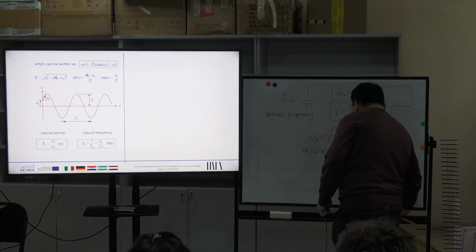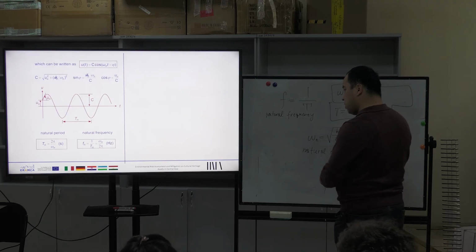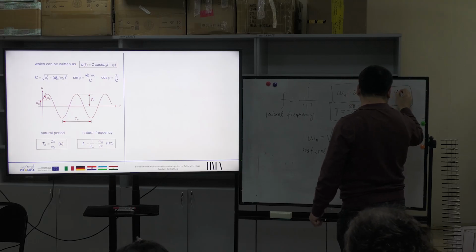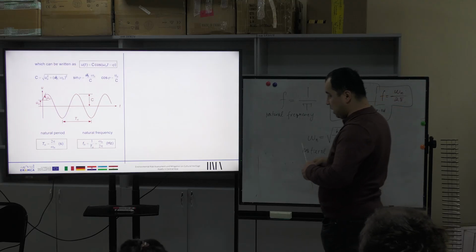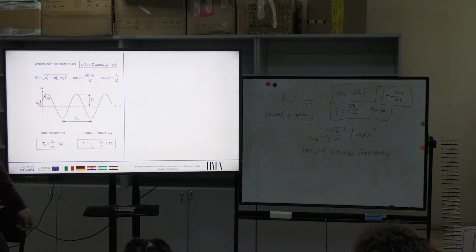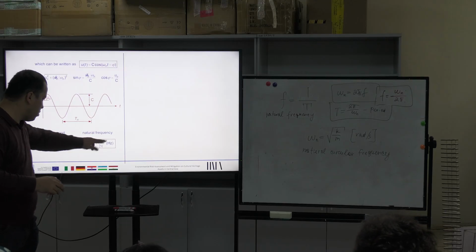This one is true, but if you wrote F, this one should be inverse. I'm sorry. Okay, I also make mistakes sometimes. I'm very sorry, because it should be inverse, not the same.